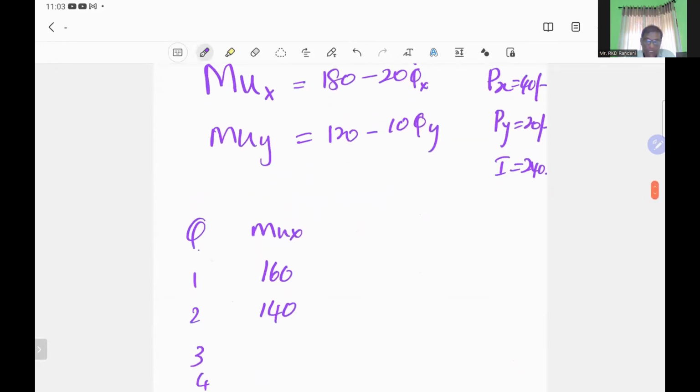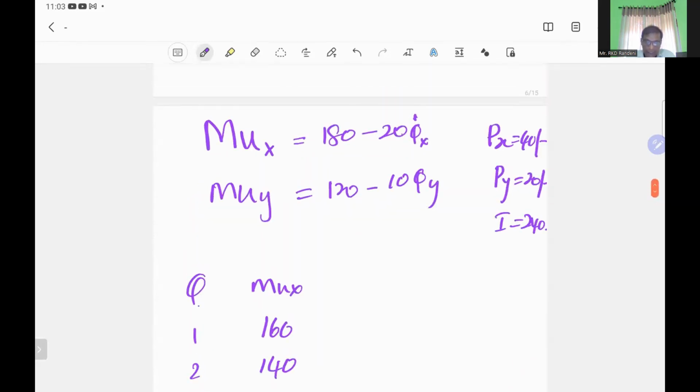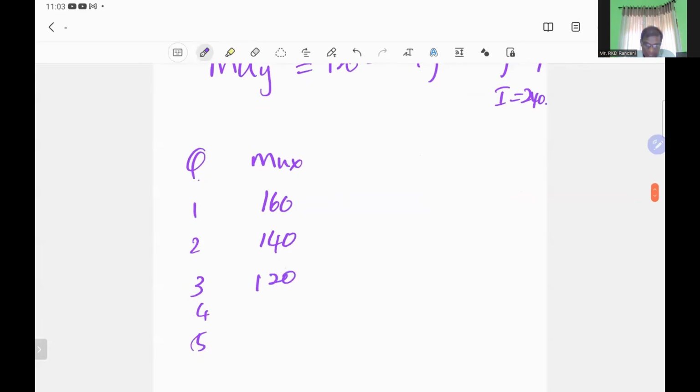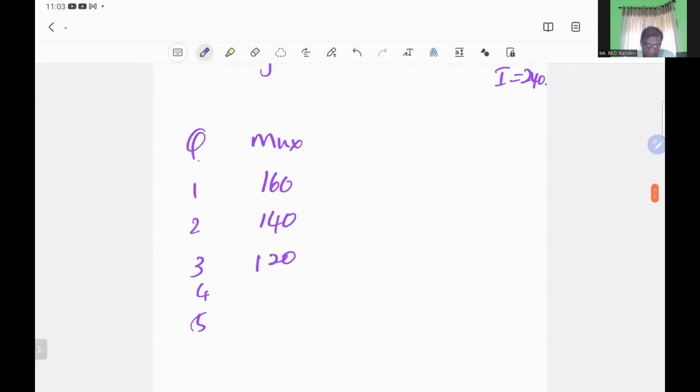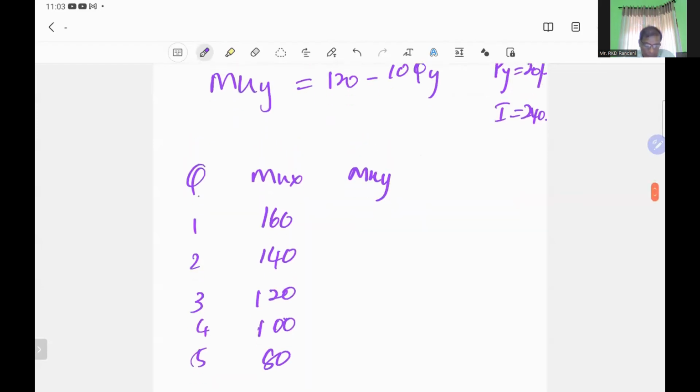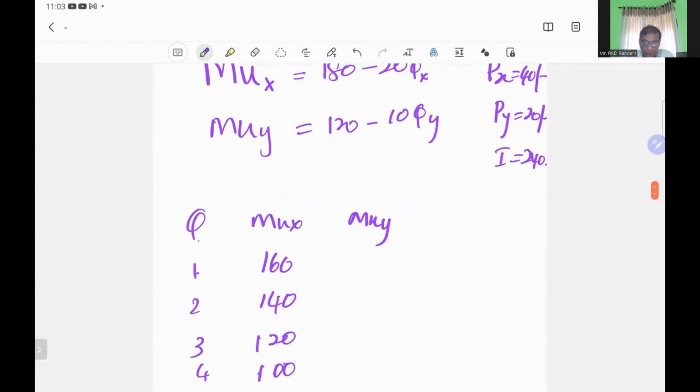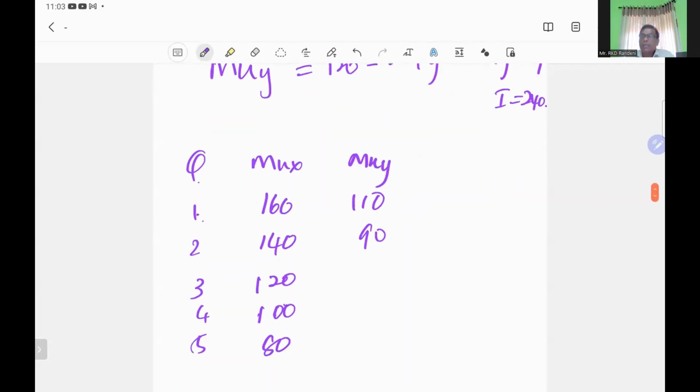Then when you substitute 3 here, that is 60, that is 120. You can reduce 20, that is 100, again 20, like that you can get the data. Then MUY, again you can substitute 1 here, then 10, 110, then you can substitute 2 here, right? Then 20, that is 100. You can realize the relation, how it deducts.